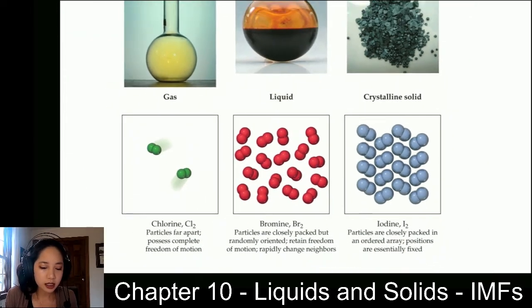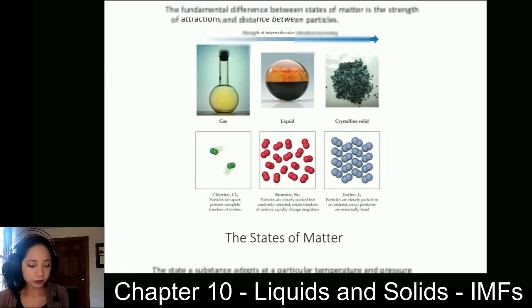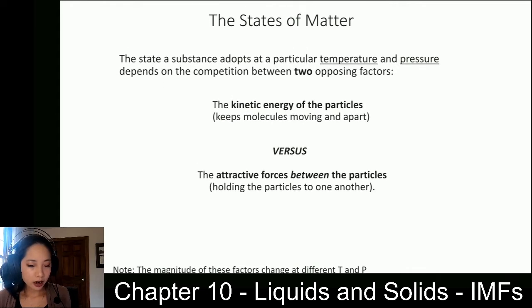Since in the liquid and solid phase, particles are closer together, intermolecular forces are more important because molecules are closer together. How intermolecular forces show up in our observations of samples, whether a substance exists as a liquid, a solid, or a gas at room temperature and pressure, is based upon intermolecular forces.